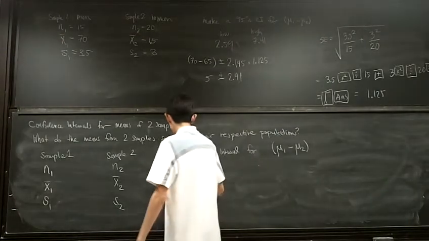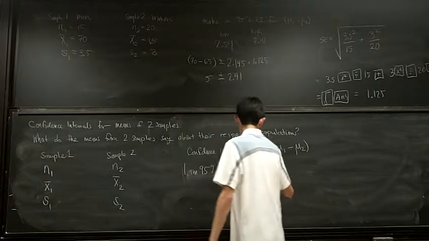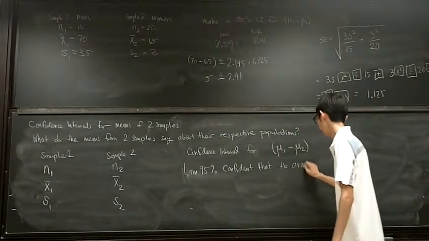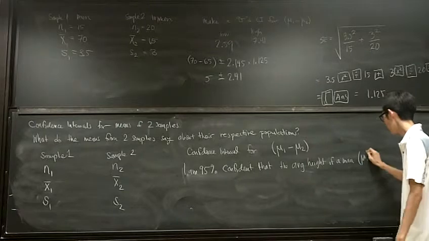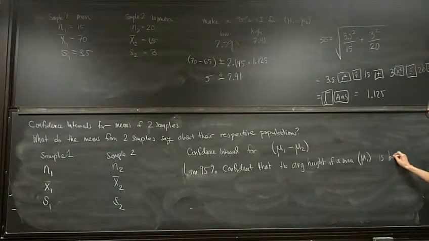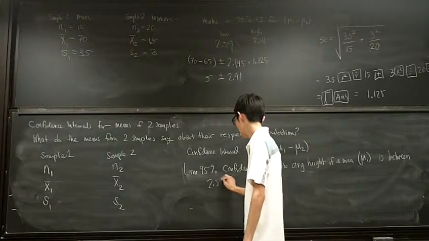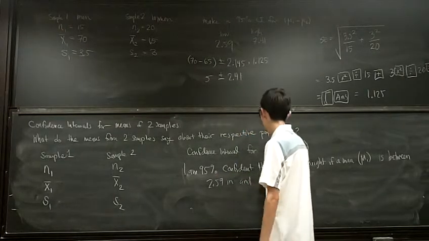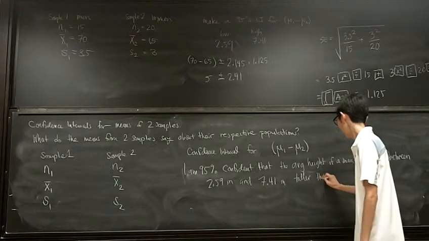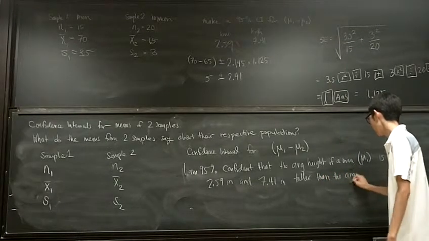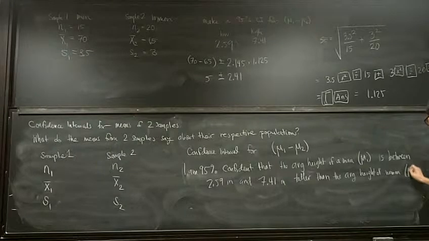So I would say I am 95% confident that the average height of a man, which is mu1, is between 2.59 inches and 7.41 inches taller than the average height of a woman, which is mu2.